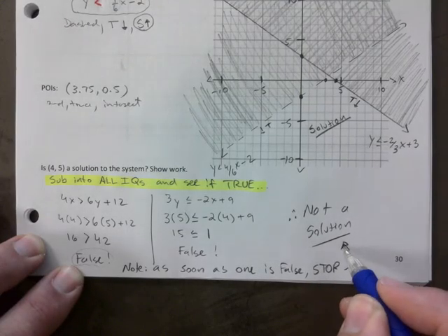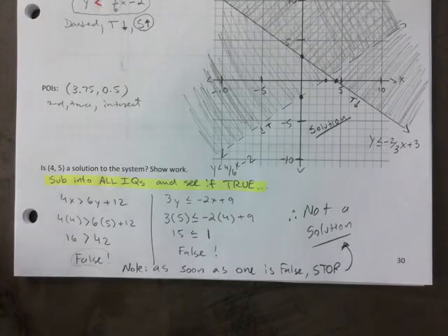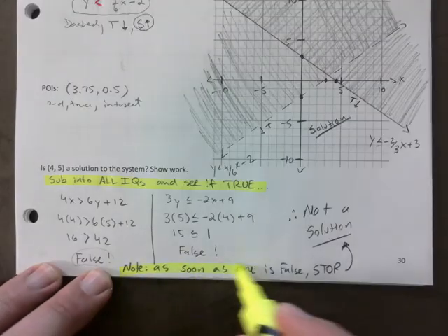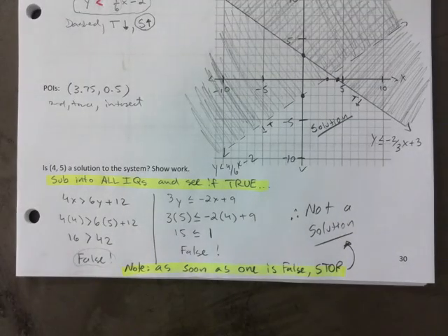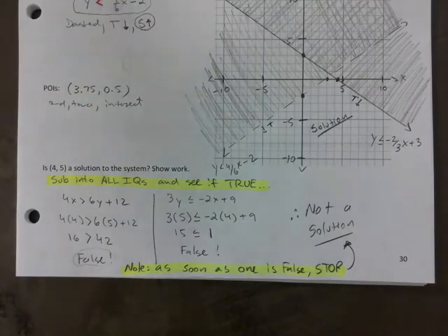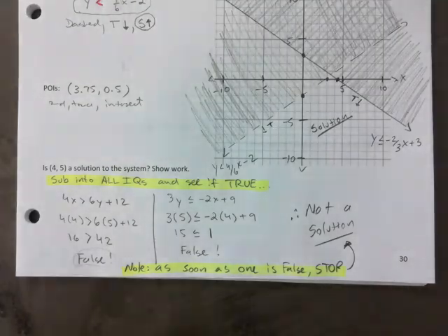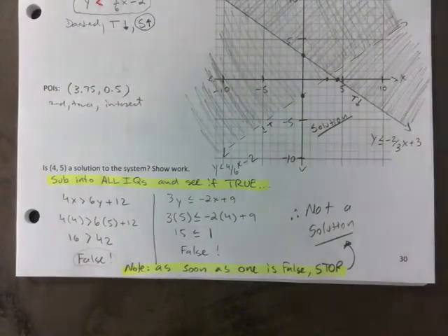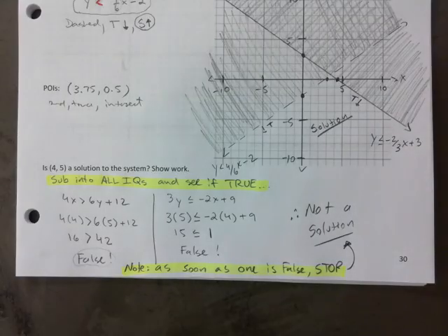And then just state not a solution. So if I give you 4 or 5 inequalities and you have to plug them in, as soon as the first one fails, stop doing the check on the rest because it needs to be true for all of them.